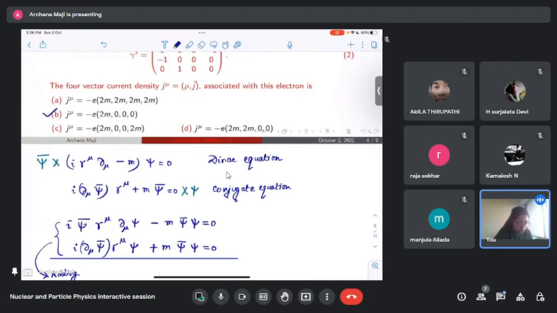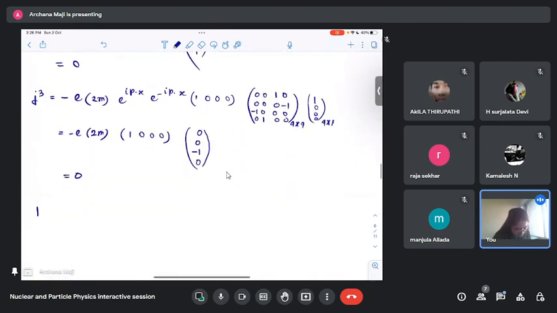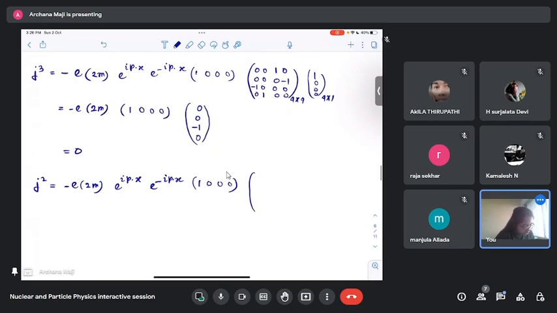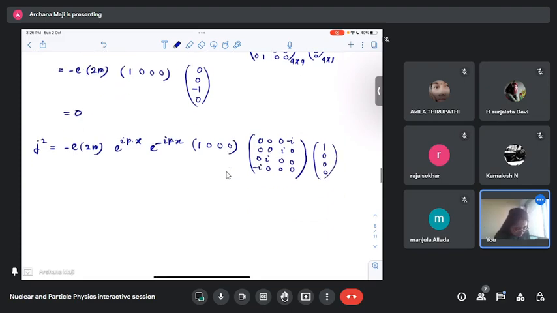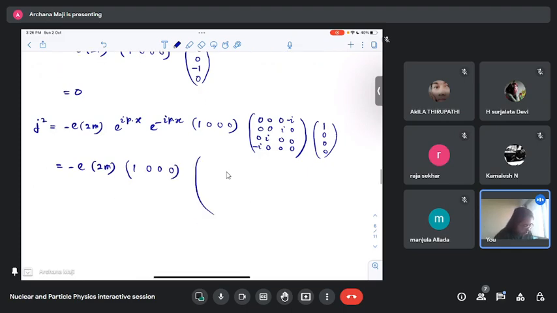You can check J2 will also be 0. Let me just do it quickly. J2 will be minus E 2m, p dot x, 1 0 0 0, then this contains the second Pauli matrix, so 0 minus I, I 0, and then 0 I, minus I 0, and 0.